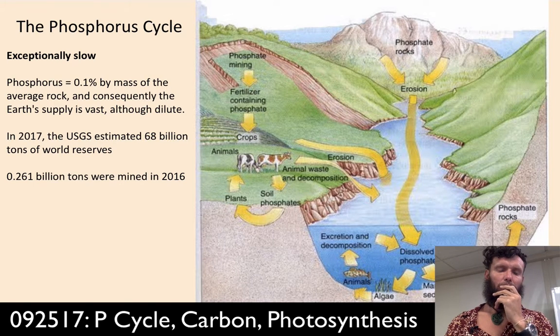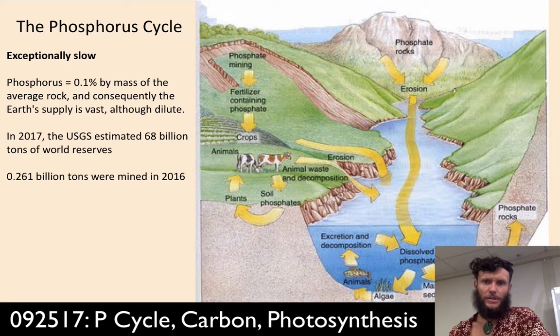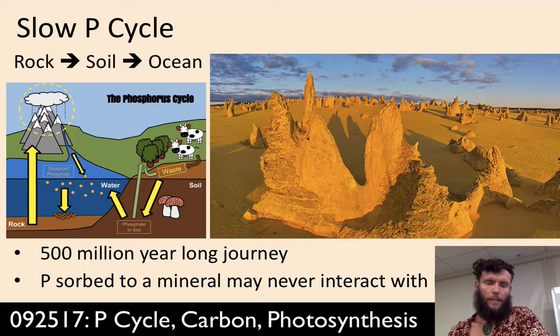So I'm going to start back with the phosphorus cycle. This is where we had left off last time, and I had talked about how there was a slow and a fast component to this.